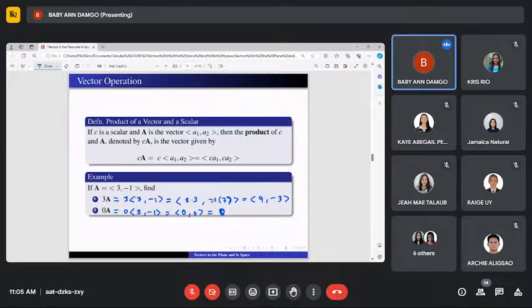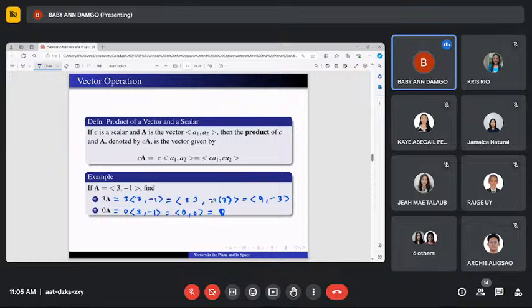In 3D, the vector is 0, 0, 0. Okay? Question? So, that is the product of a vector and a scalar.